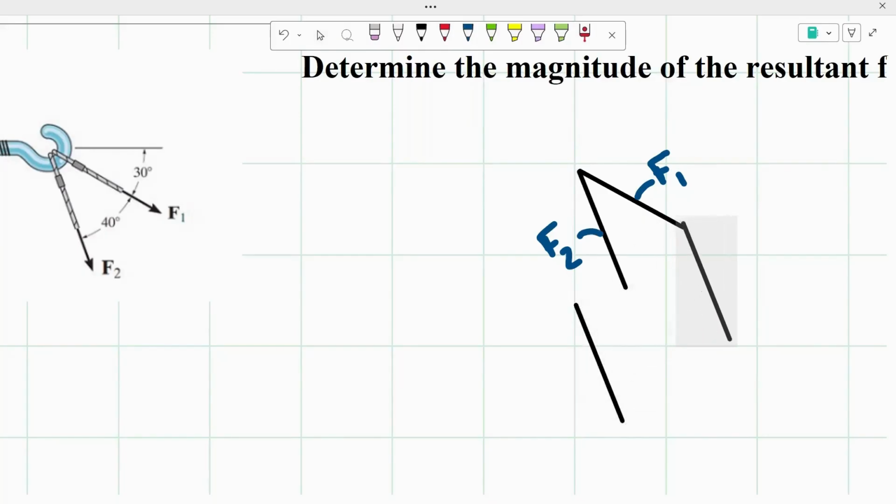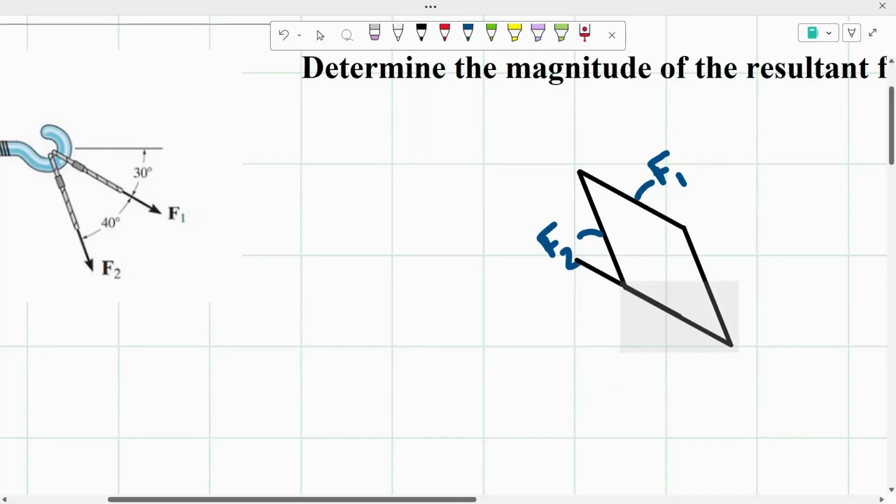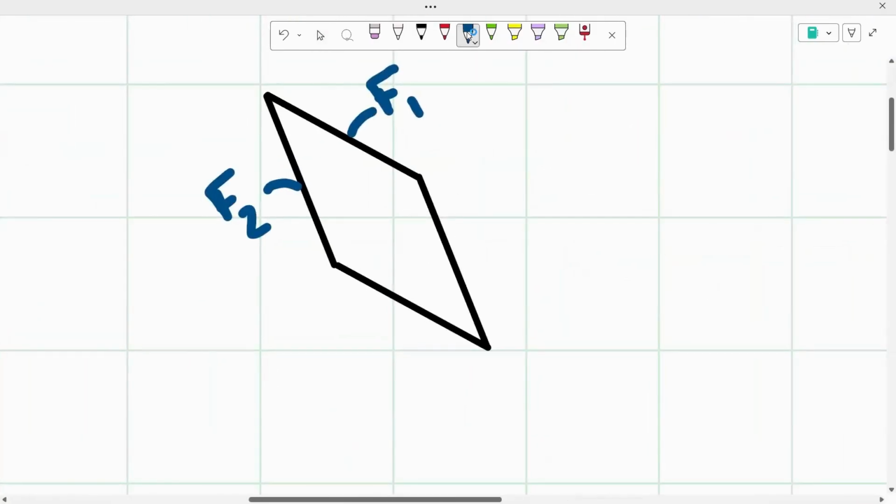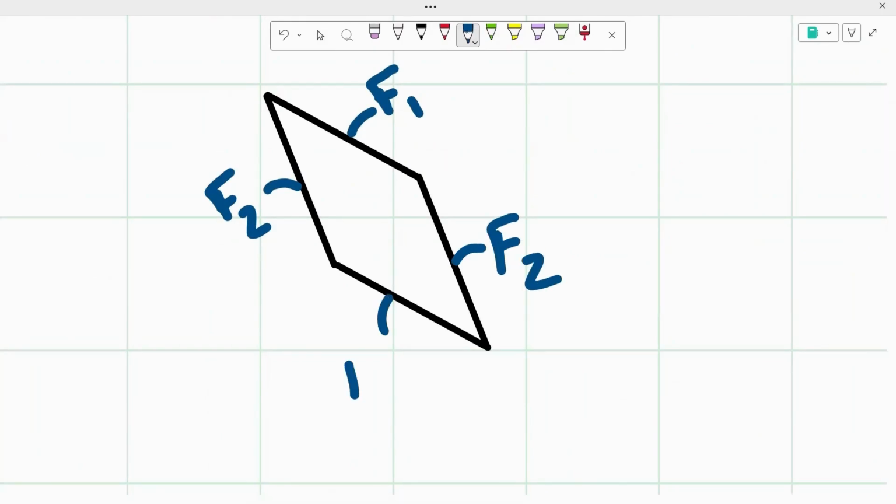And then the same thing with F1, just drawing it starting from the tip of F2. And by doing that, we now have a parallelogram. From here, we could also label these ones. So this one was F2, and then this one was F1.